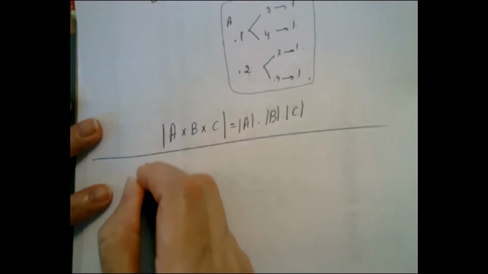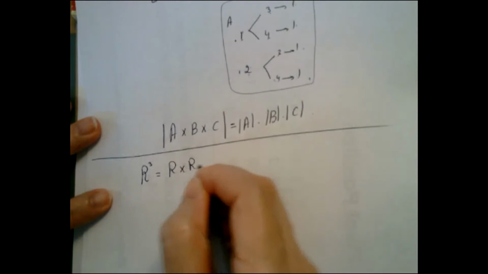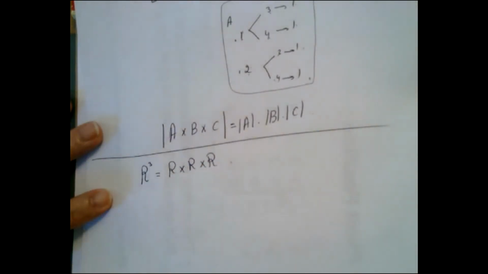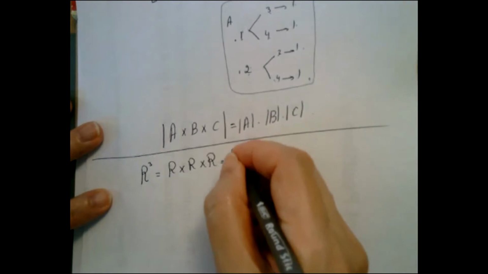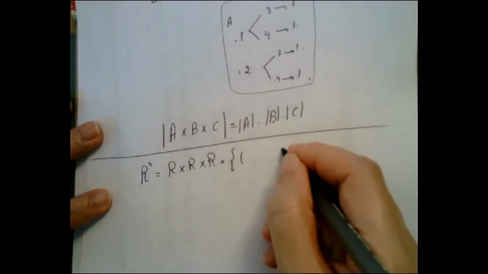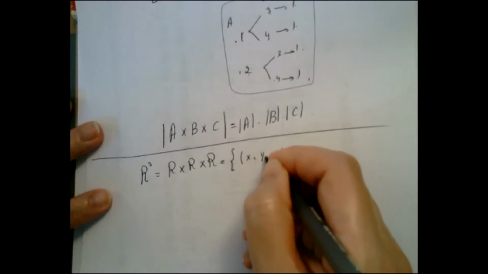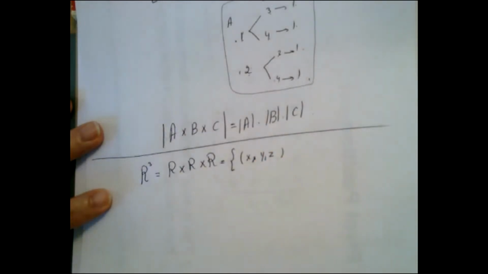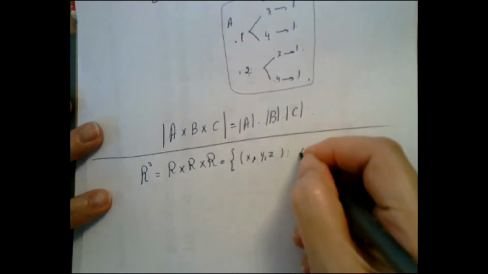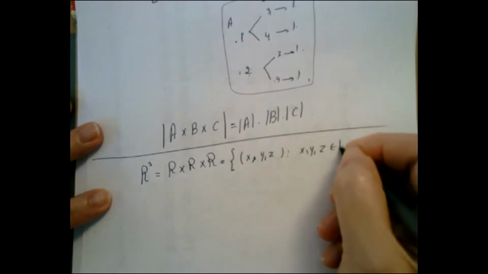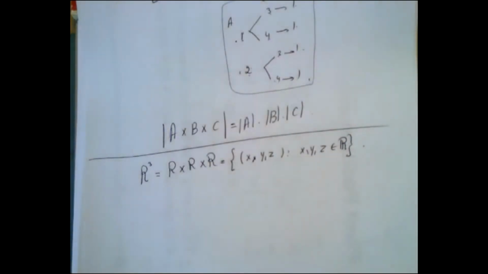With this idea, what does R3 represent? R3 for us is R cross R cross R. So R3 is what we imagine R3 is: the collection of lists of 3 numbers, where each one of them is in R. Then Rn is the list of n numbers, where each one of them is in R. That's what R4 is, that's what R3 is.